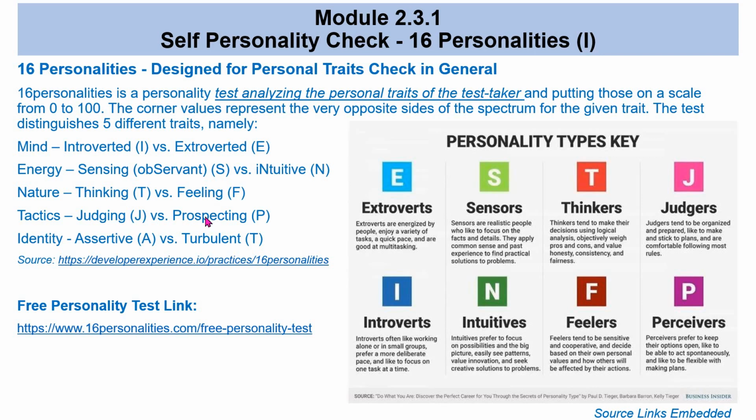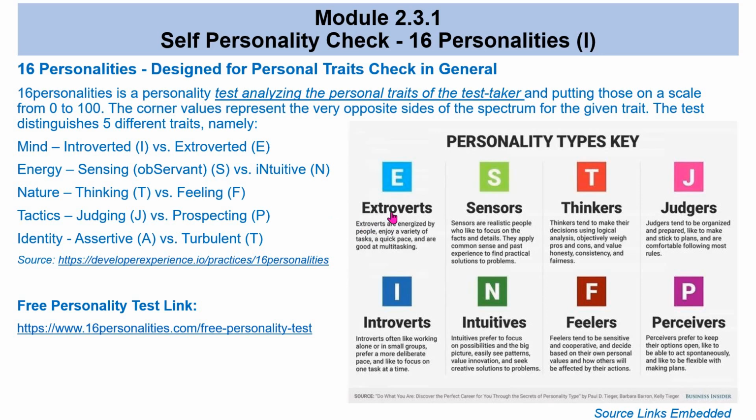So judging is J and prospecting is P. And finally, the fifth one, which is the last trait, classifies you as either assertive, that's an A, or turbulent.